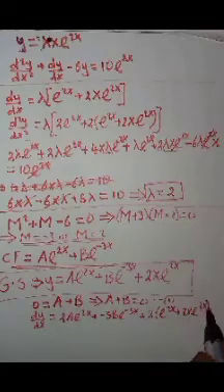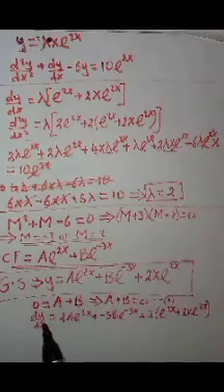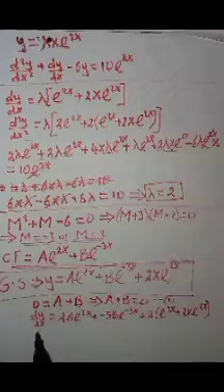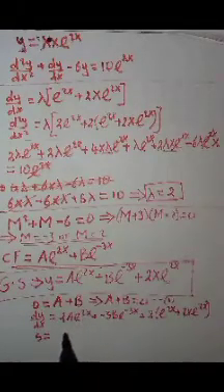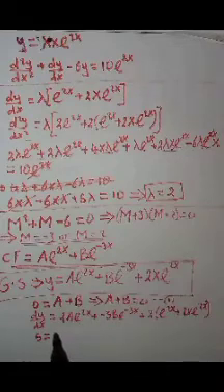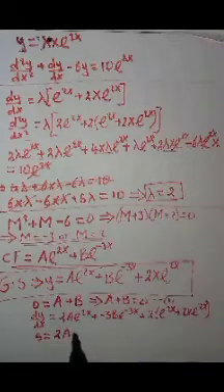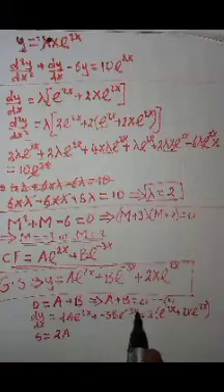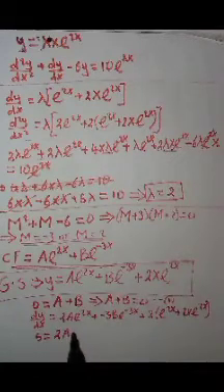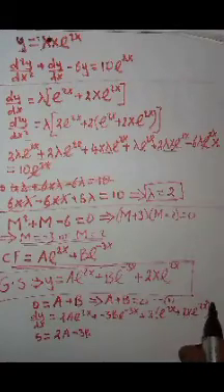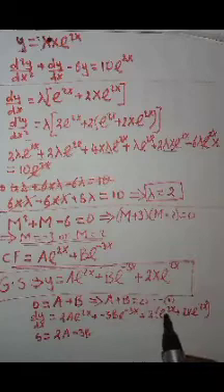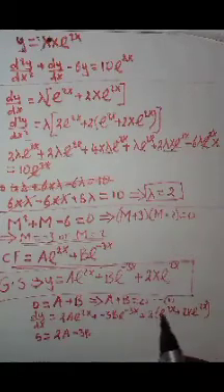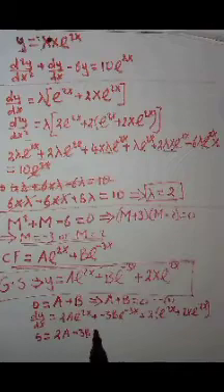Good. They said dy by dx, in this case, is 5 when x is 0. So we are going to have 5 equal to 2a, then our b as well, x is 0, so this is going to be 2a minus 3b. Then x is 0, so everything here goes to 0, and we have e to the power 0, which gives us 1. 2 times 1 simply gives us 2 plus 2.